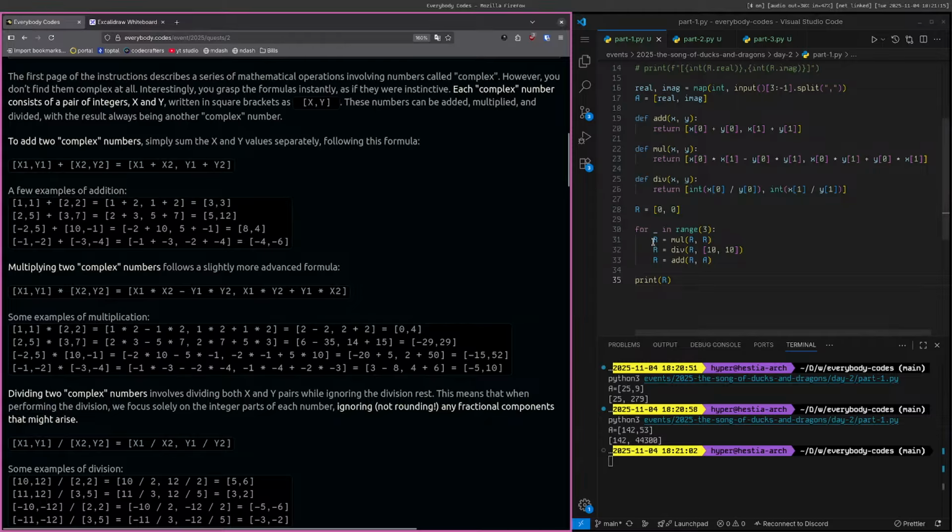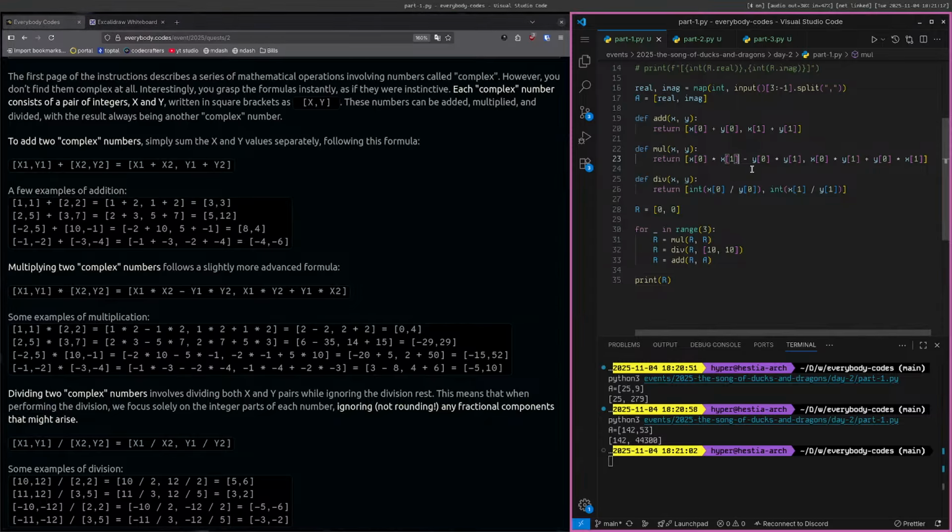Did I copy this line over wrong? Ah, I did actually copy it over wrong. Oops. I thought they were using x for the first variable and y for the second one.